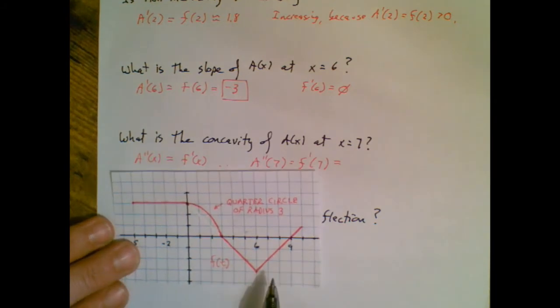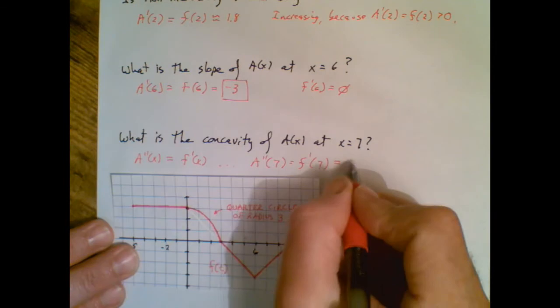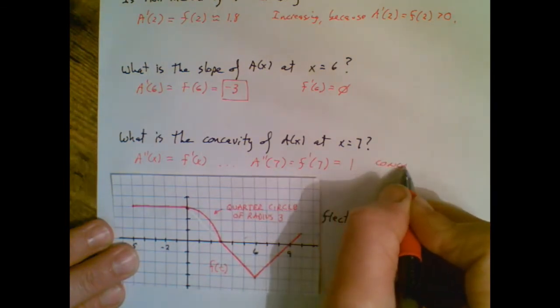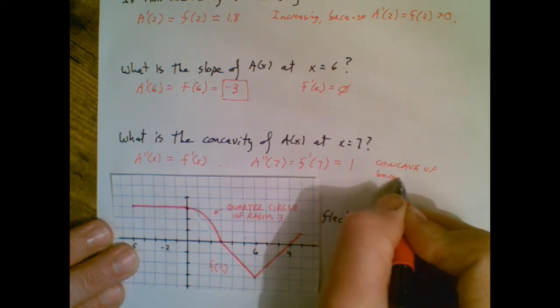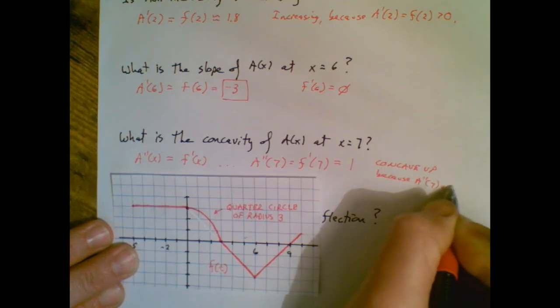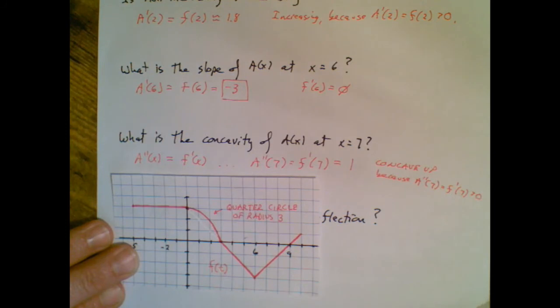And what they're basically saying is, at 7, what is the slope of this thing? We're on a segment of positive 1. So I have a concave up because a double prime of 7, which is f prime of 7, is positive.